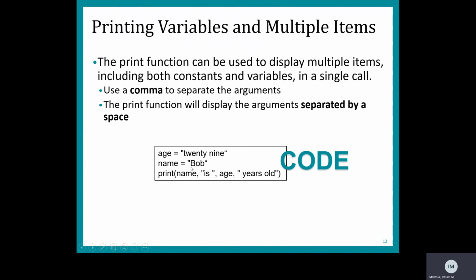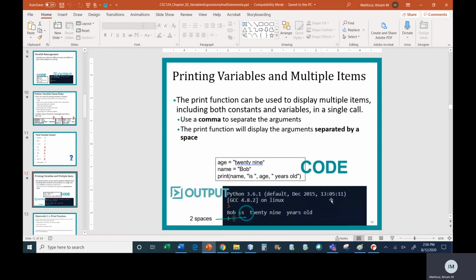The name of the person I want to print is a variable. So I'll put the variable name, and notice no quotes around it. Then I put comma, and then I want to print the word is, so I'll put is in quotes. Then I want to print whatever their age is, so I put that variable without quotes, and then I want to print the words years old. So name is a variable, is is a constant, age is a variable, years old is a constant. So let's try that.